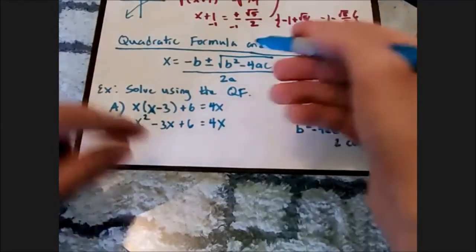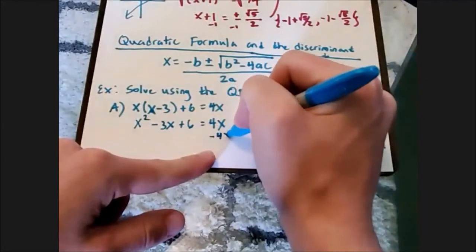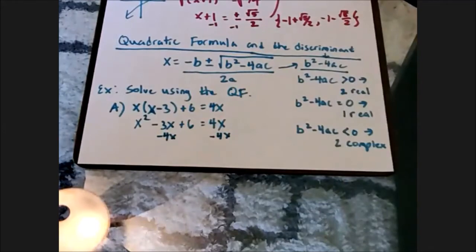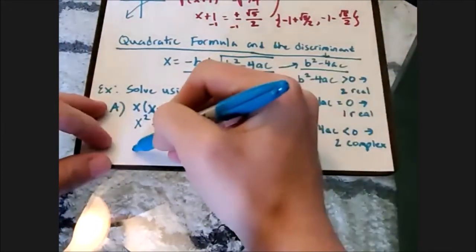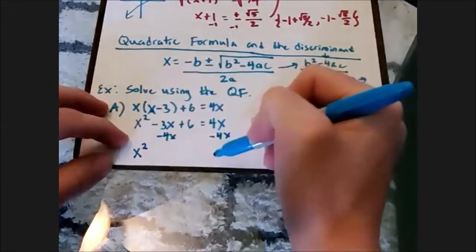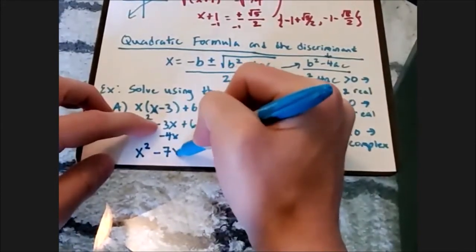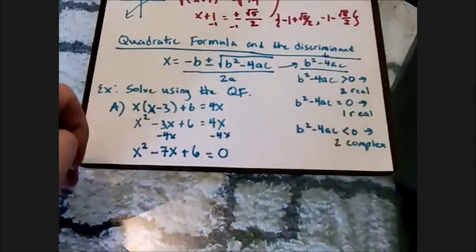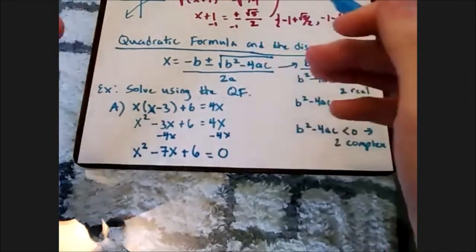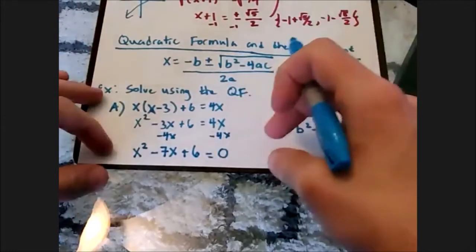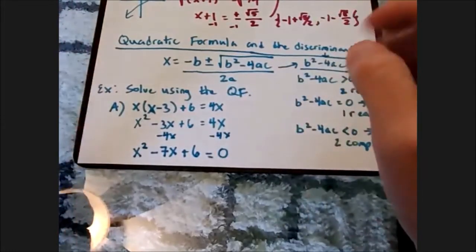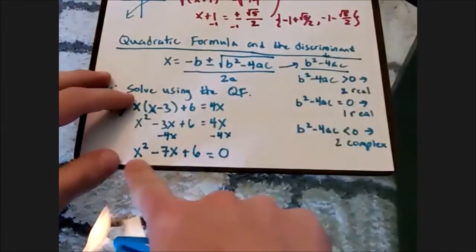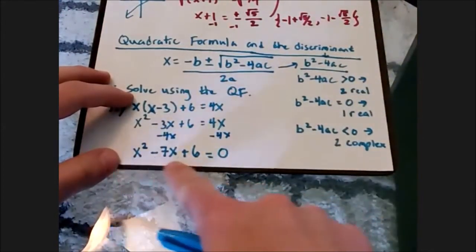So to do that, I'm going to need to subtract the 4x over, which gives us a standard form quadratic of x squared minus 7x plus 6 equals 0. So occasionally there will be a little work to do before getting started, but if you're aiming to use the quadratic formula or to use the first method, solving by the zero product property, you've got to get it in standard form to begin with.